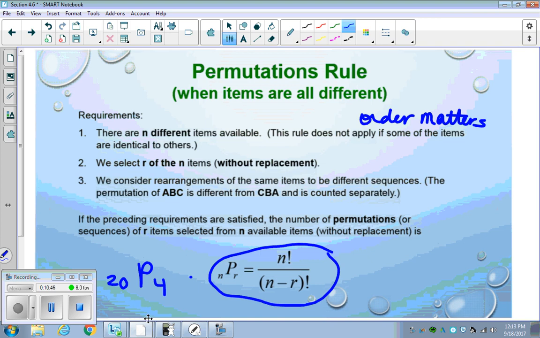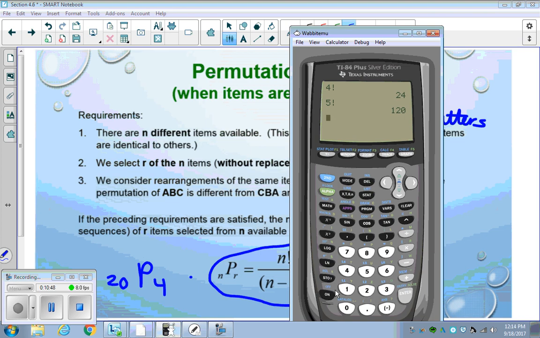But in our calculator, so you know how to do it, I'm going to first type in 20. I'm then going to go to math, and again, over to probability. And I'm going to choose nPr, not the radio station, right? nPr, because it is a permutation.